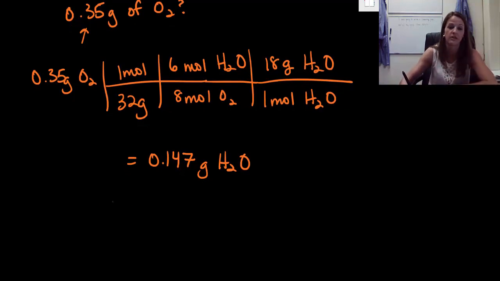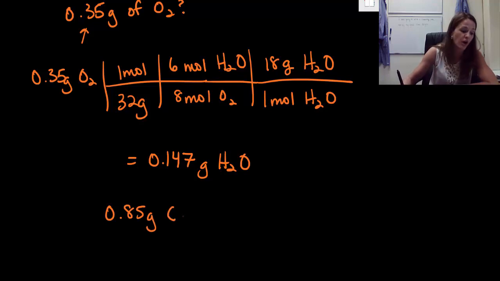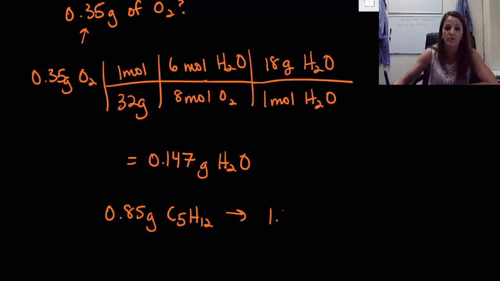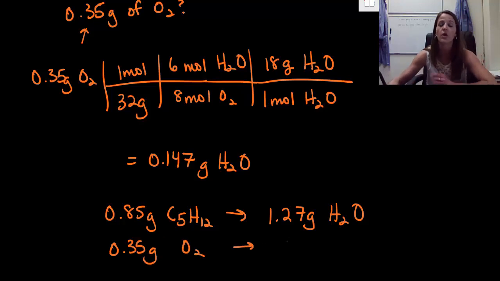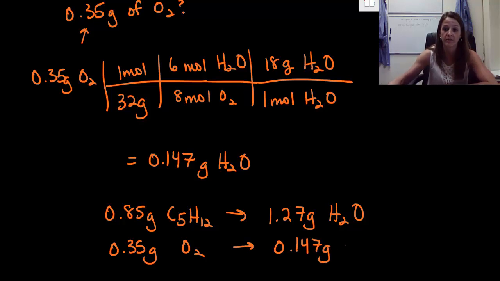Now, if you recall from the previous video, we actually already did the other math component. So let's put this all together in a little summary. So when we have 0.85 grams of our pentane, so our C5H12, we can actually create 1.27 grams of H2O. However, when we have 0.35 grams of oxygen, these are our two starting materials, remember, we can only create 0.147 grams of water.